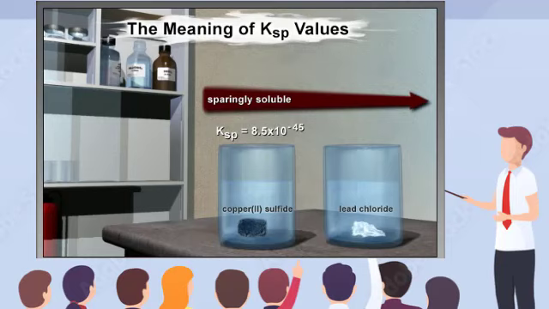In contrast, lead chloride has a larger KSP value in water, 1.6 times 10 to negative 5. This means that more ions dissolve in solution and less of the solid remains. The difference in values also means that lead chloride is more soluble in water than copper sulfide. Consequently, it dissolves to a greater extent.